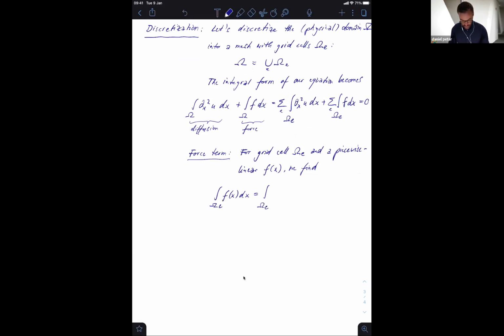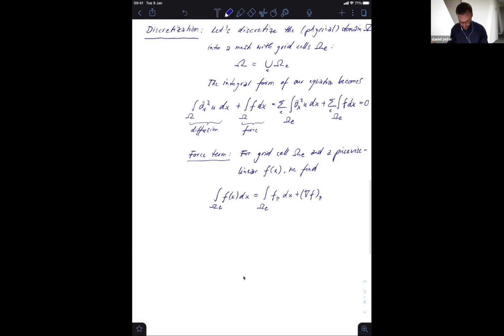So if f of x is piecewise linear, it means we have the value at the centroid P plus this linear term, the grad of f at P, times the integral of the distances x minus the centroid position xp dx.